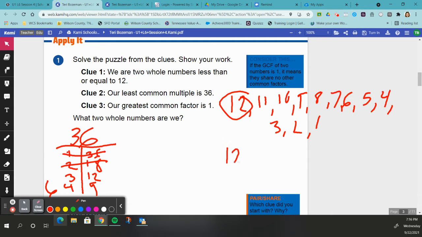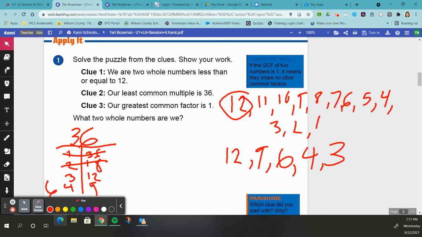It could be 12, it could be 9, it could be 6, it could be 4, or it could be 3. All of those are factors of 36. So then let's see, do any of these share a factor other than 1?